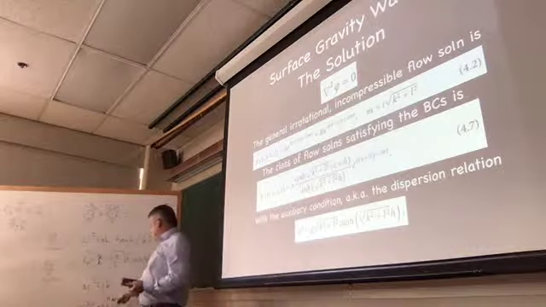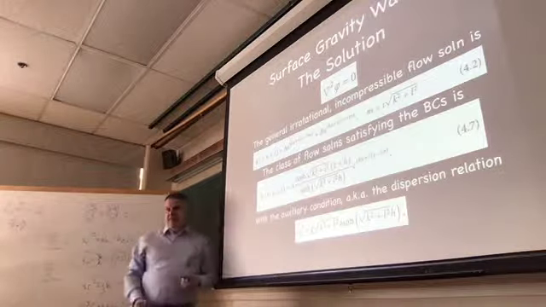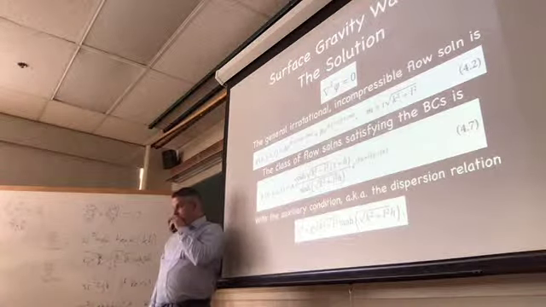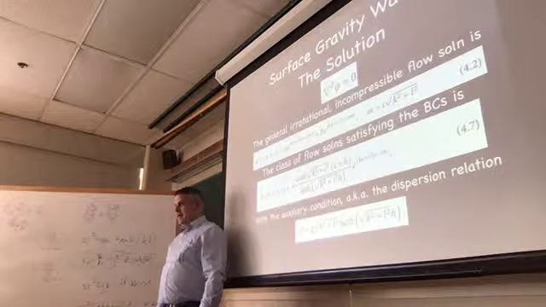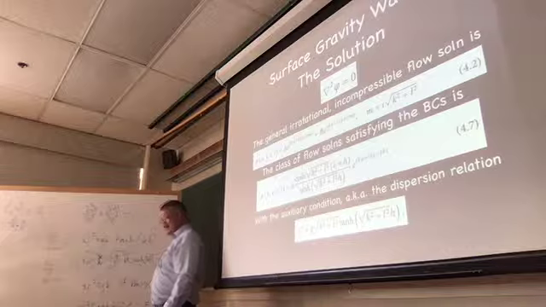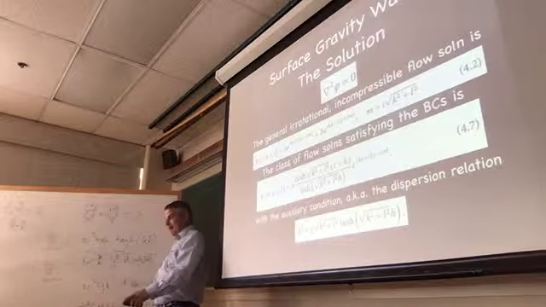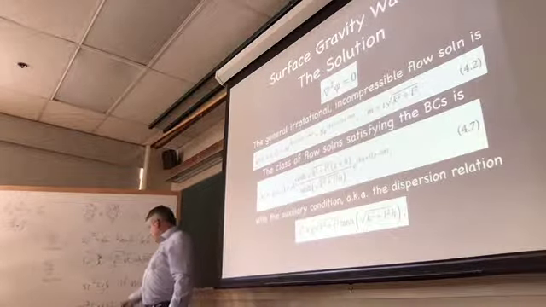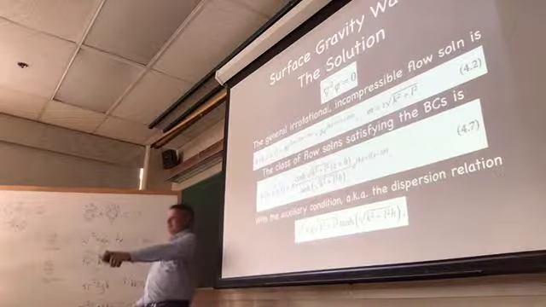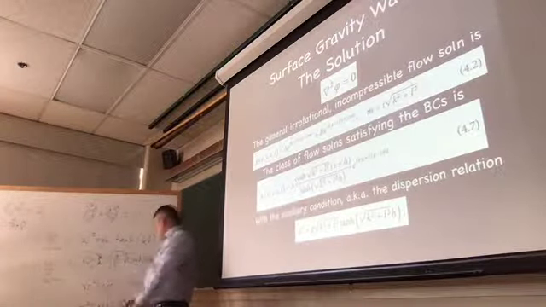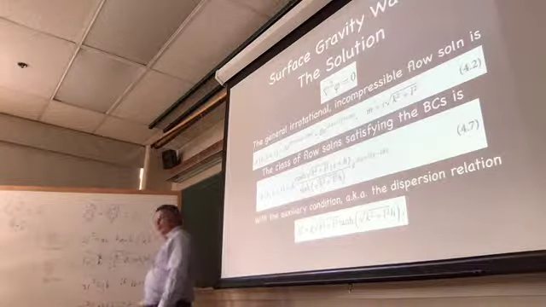So what kind of a wave is this? Shallow water wave, or a long wave, that's true. But what about this omega squared equals k squared c squared? It's a non-dispersive wave, with a special phase speed.